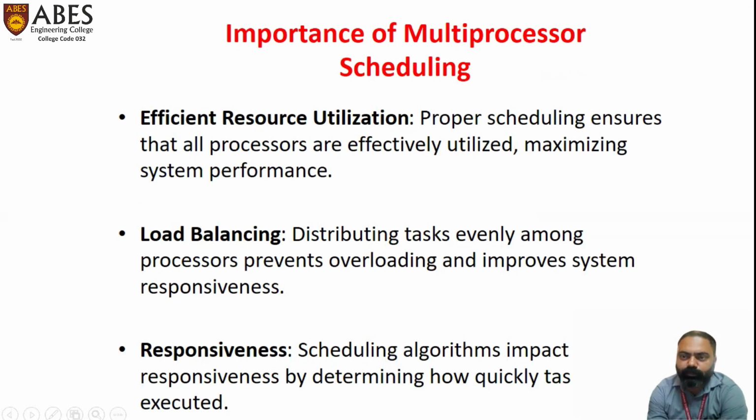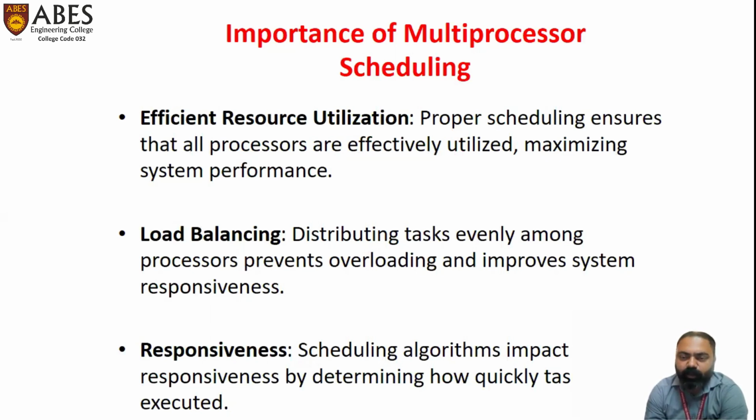Now, let's see in depth about multiprocessor operating system and multiprocessor scheduling. In multiprocessor scheduling, we efficiently utilize the resources. Means proper scheduling ensures that all processors are effectively utilized, maximizing the system performance.